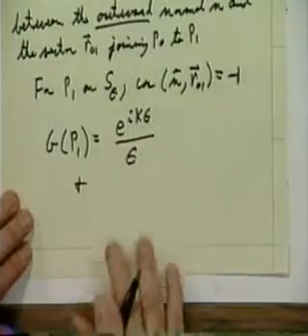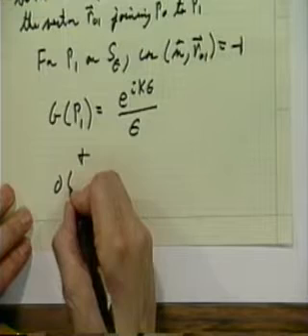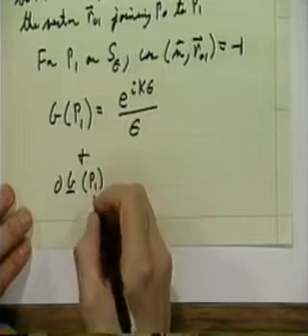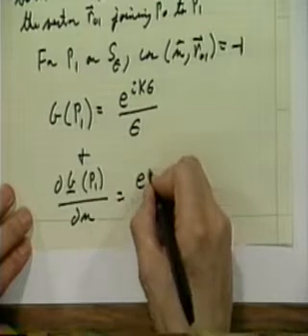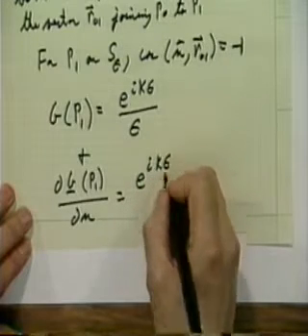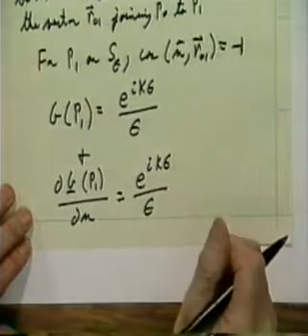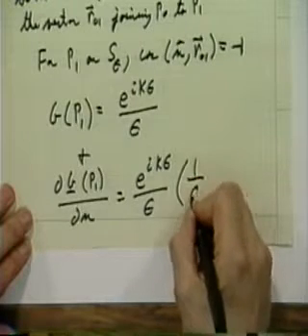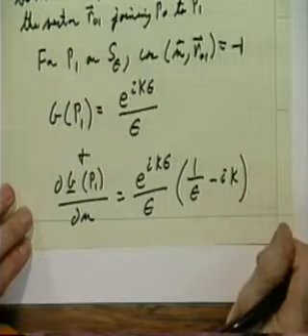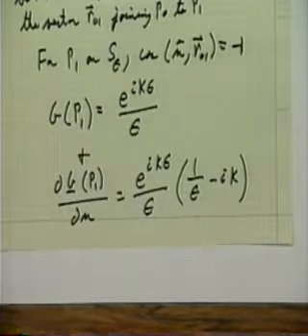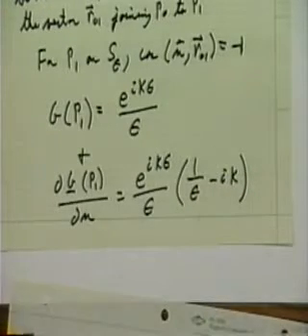And the partial of G with respect to n at P1 is e to the i k epsilon over epsilon times 1 over epsilon minus ik. Okay?